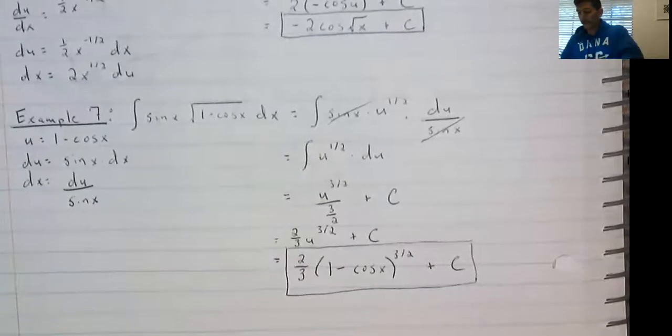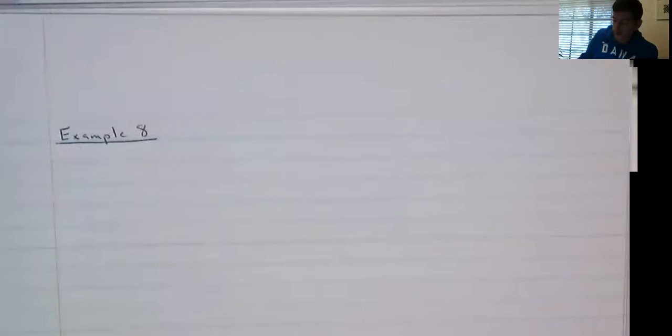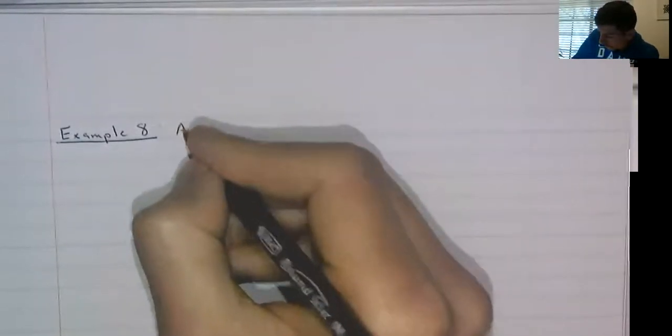Okay, last one. And this one's, you know, tricky, but we'll be okay. Example number 8. We're going to call this a trig integral 2 ways.